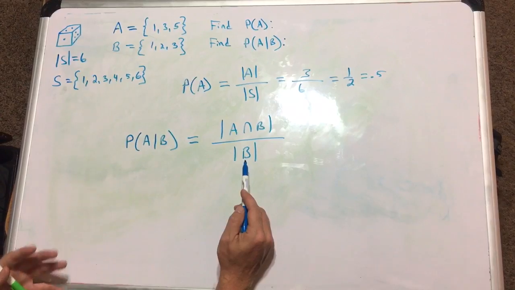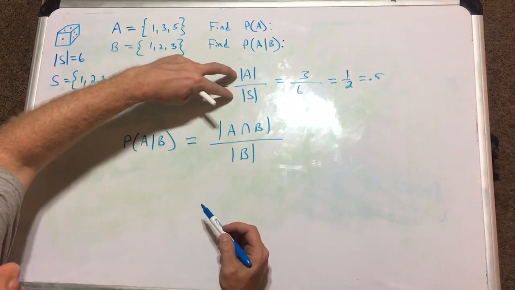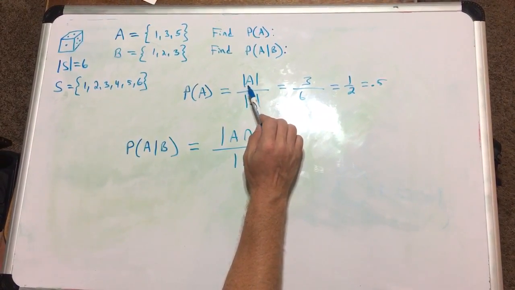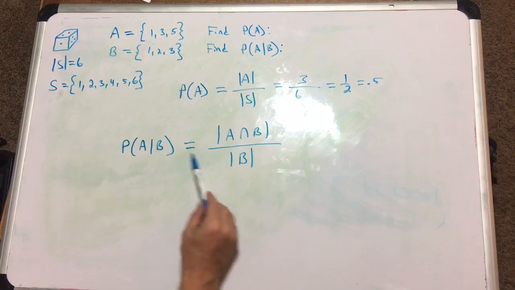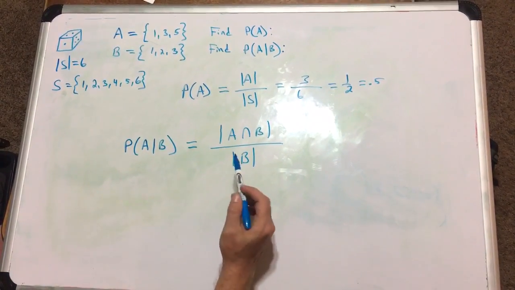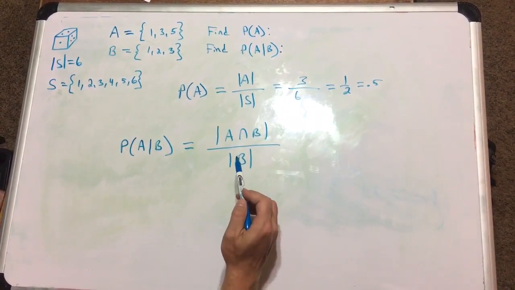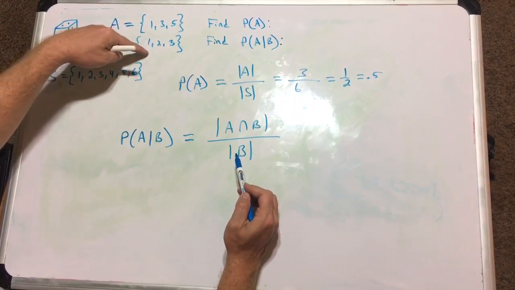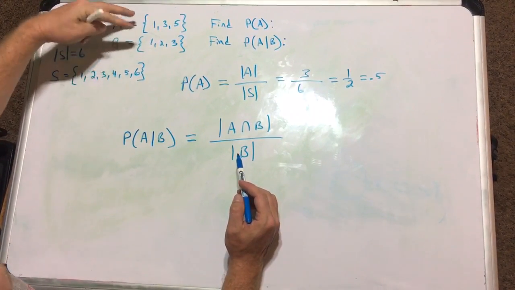What essentially is happening is your sample space is now B instead of S. If you look at this example here, you have the probability of A occurring in the entire sample space. This formula is showing the sample space is actually just B, because we know that B did occur, and we know our sample space is now limited to this area. And so what intersects between A and B?